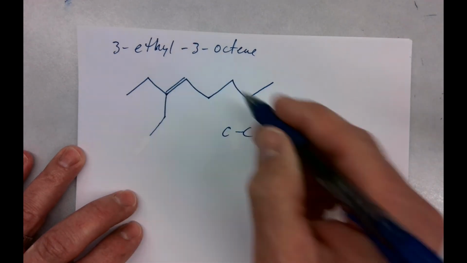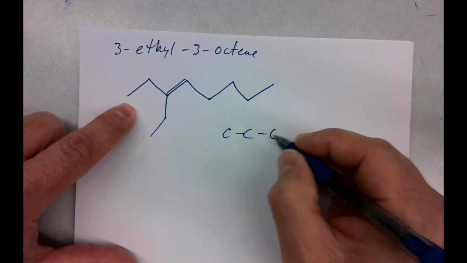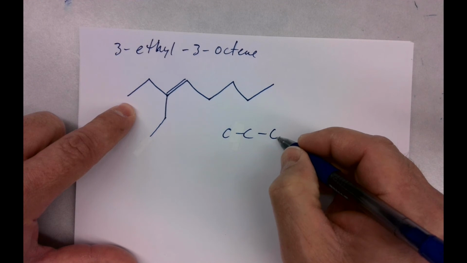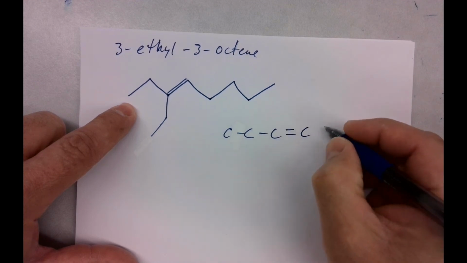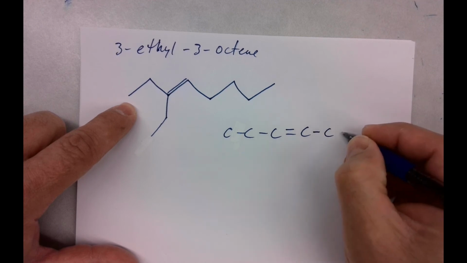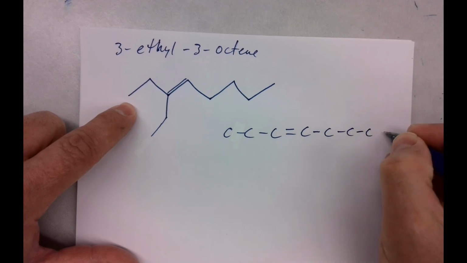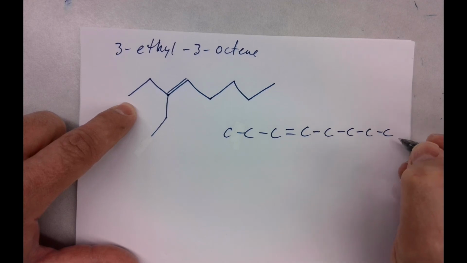So you went up here and did it. Okay, gotcha. So C, and then double bonded to C, and then single bonded to another C, to another C, to another C, to another C. That sounds like my GPA.